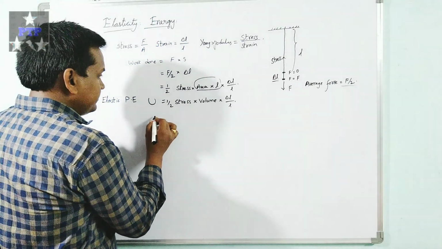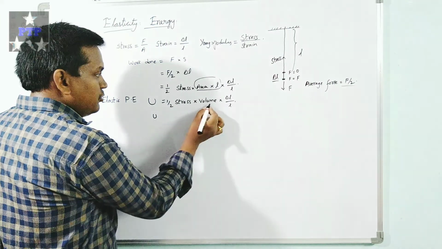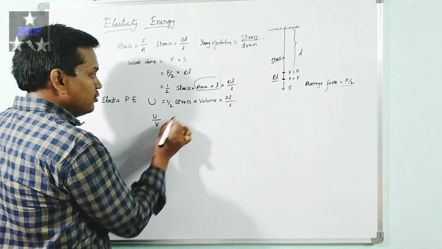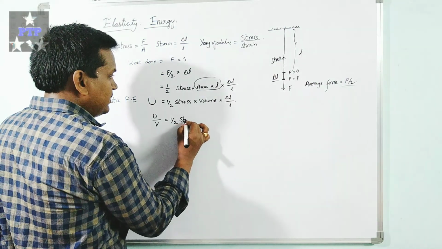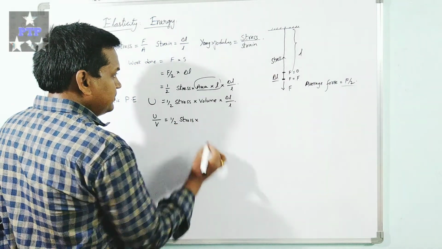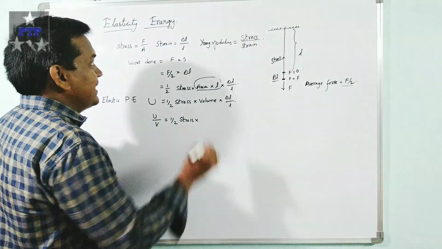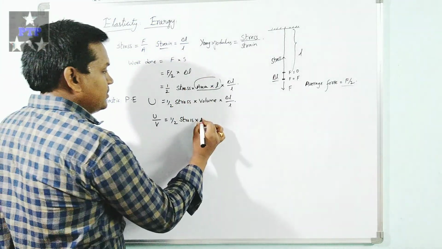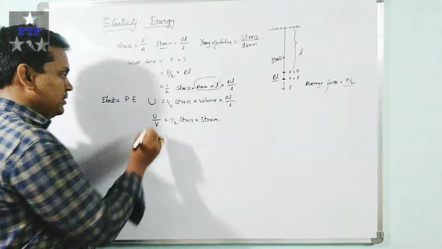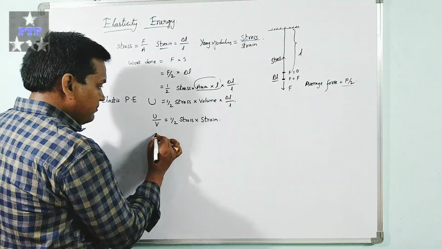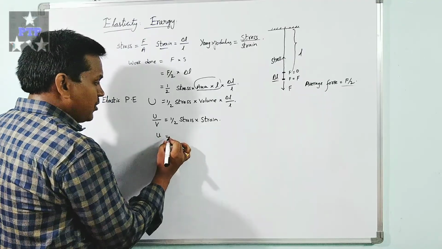If you bring the volume this side, U by V will be half into stress into delta L by L, which is nothing but strain. This U by V is indicated with small u.